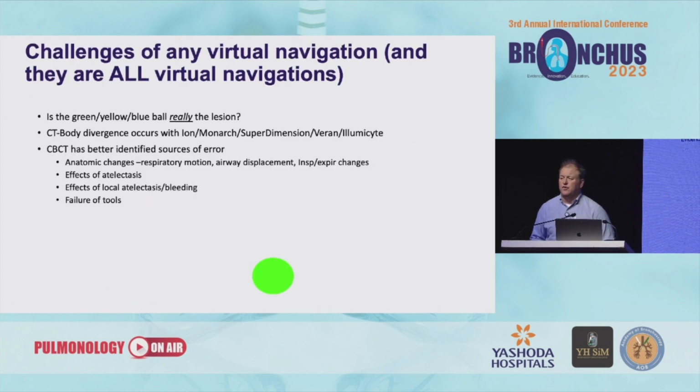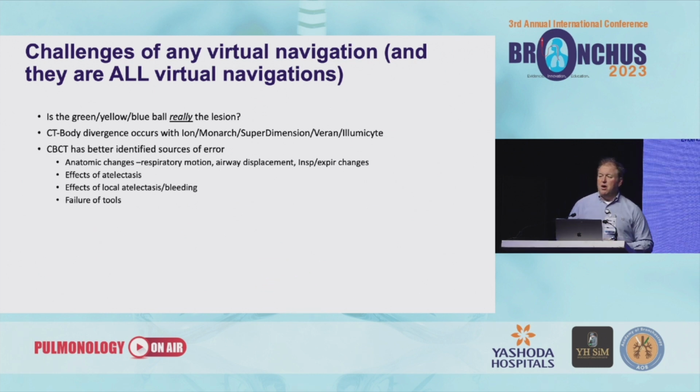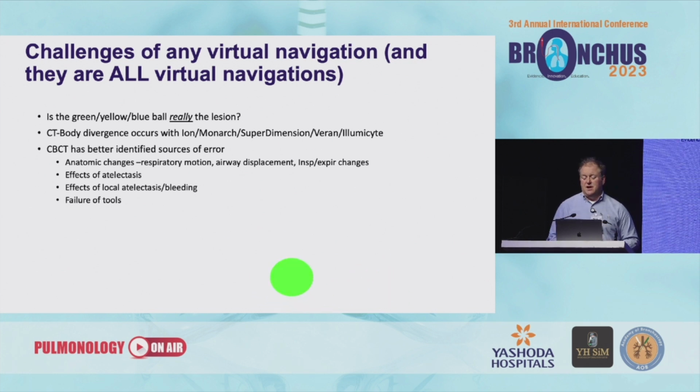So the challenges with the virtual navigations is that all of the various platforms that are talked about really are virtual. You're going after some ball, but the ball moves because the lung moves and the heart moves and there's atelectasis. This is Joe Cesagna's slides, let me give him credit. We have CT to body divergence across all platforms. We have it even if you've just been studying the CT and how much a lesion in its relationship to the airways may move because of atelectasis and bleeding.